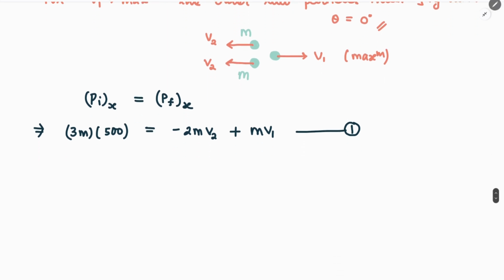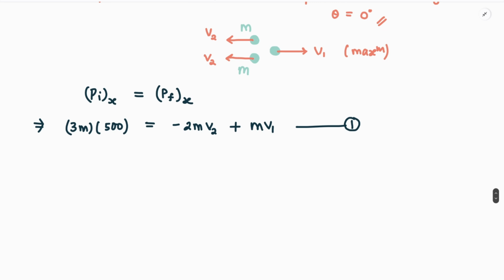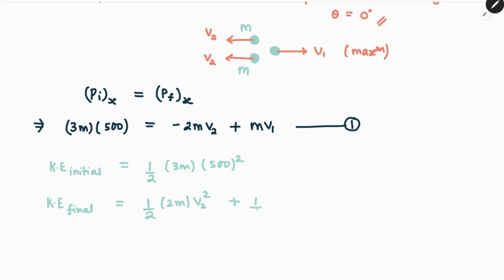Now the problem has also stated that the final kinetic energy is 1.5 times its initial value. So if we calculate the initial kinetic energy, kinetic energy initial is equal to half 3m times 500 squared. And the final kinetic energy is half 2m moving with velocity v2, so v2 squared, plus half m v1 squared.